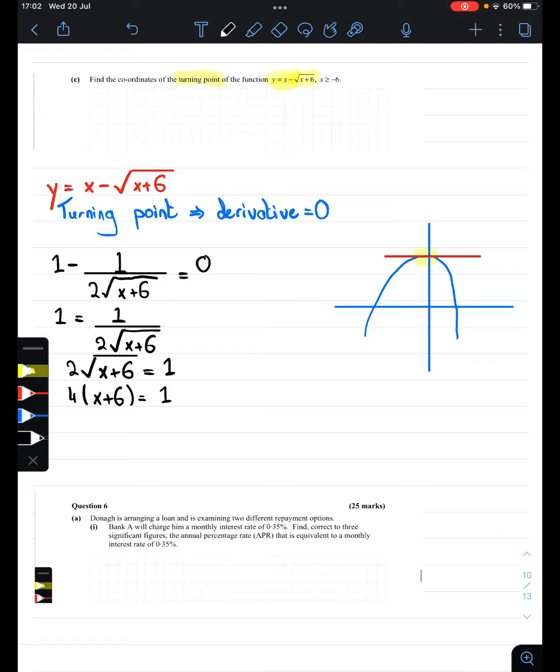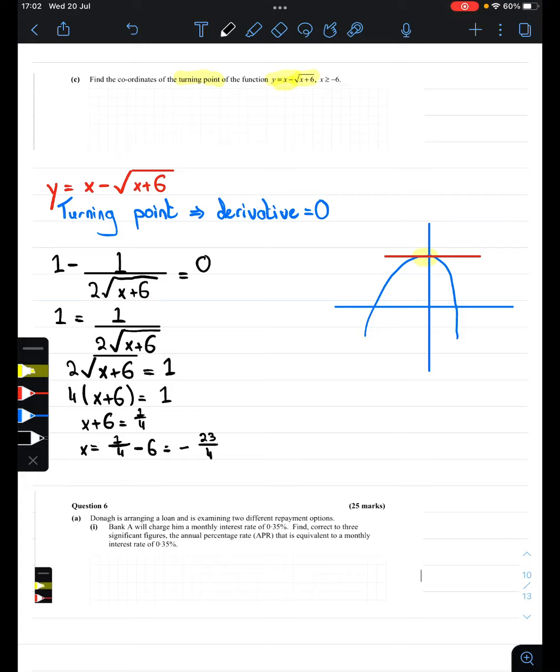So x plus 6 equals 1/4, and so x equals 1/4 minus 6, which is minus 23 over 4.